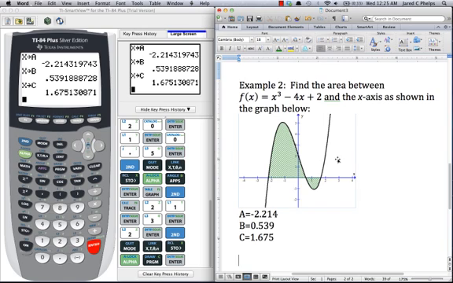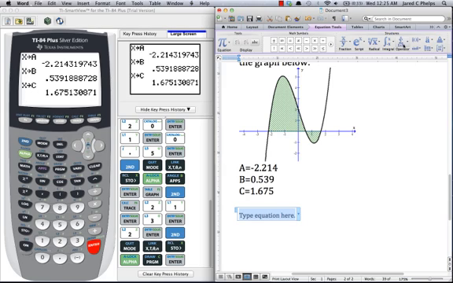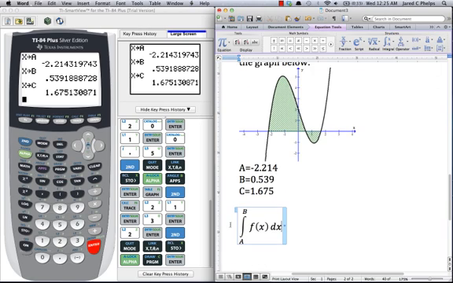Great. So now for setting up the integral of this thing, I'm going to do the integral from A to B of my function, which was f of x dx. Since this function is called f of x in the problem, you can actually just write f of x. Now the question is, should it be plus or minus?